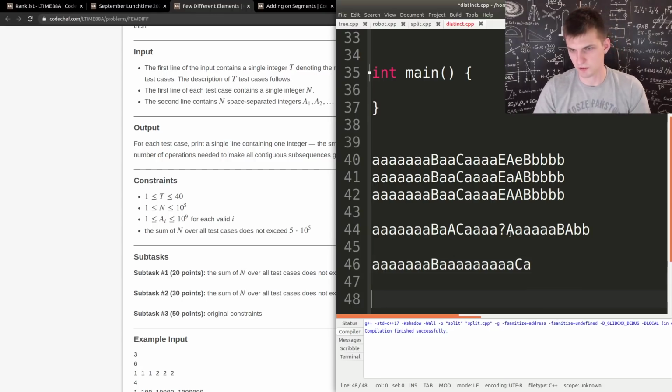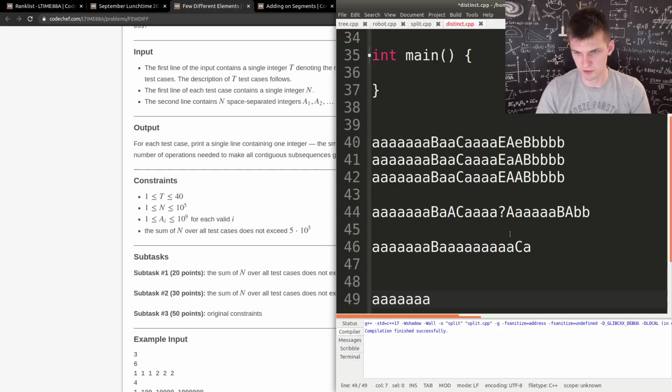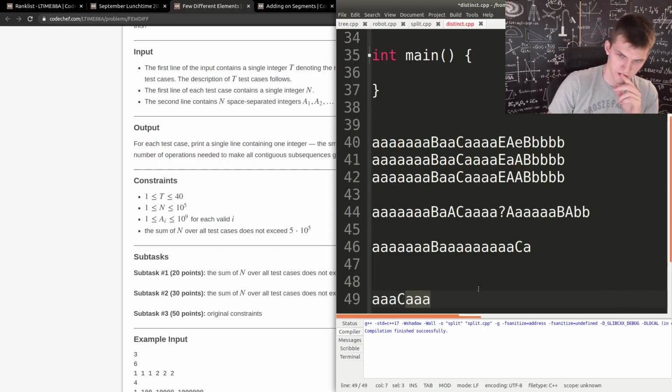Because if I claim that for a long time I change things to A's, and A is not there, then well, this is some character. And I can change it to exactly this character, and what follows I also change to this character.